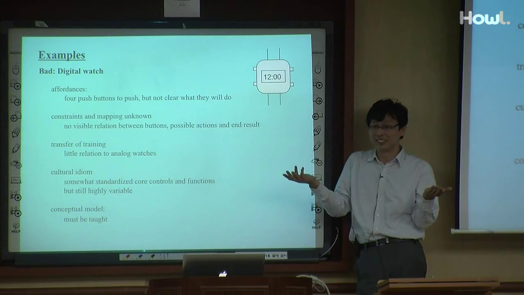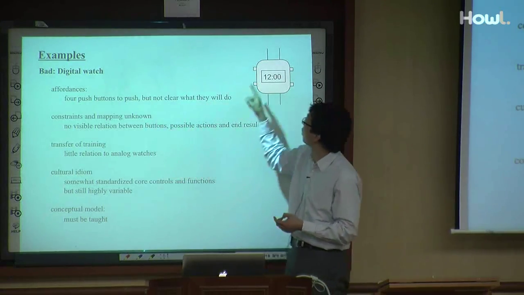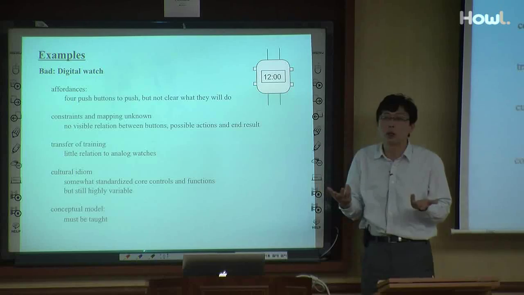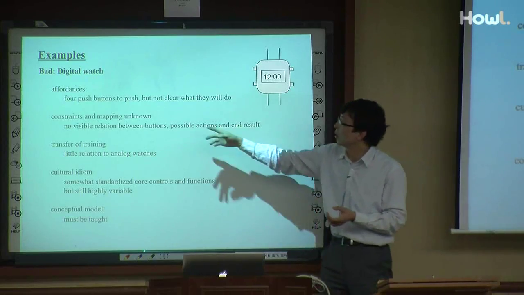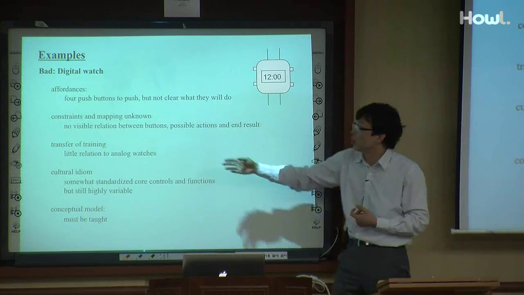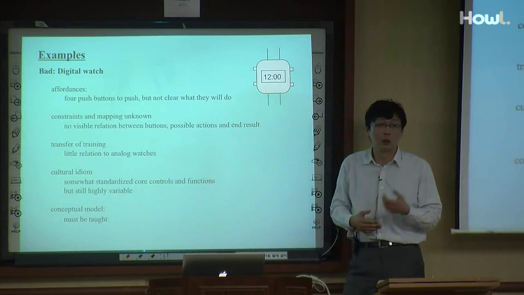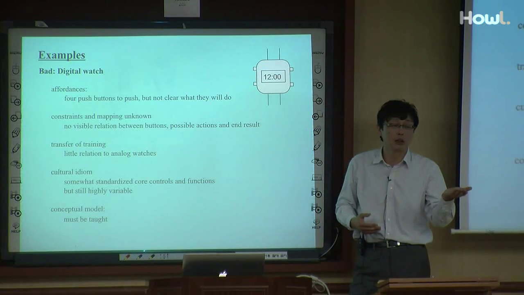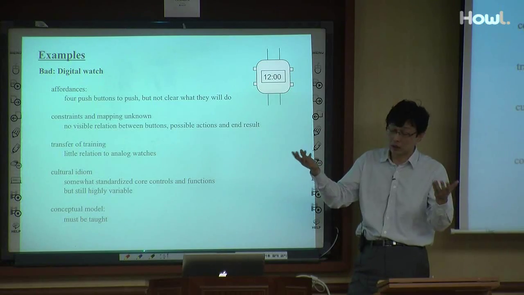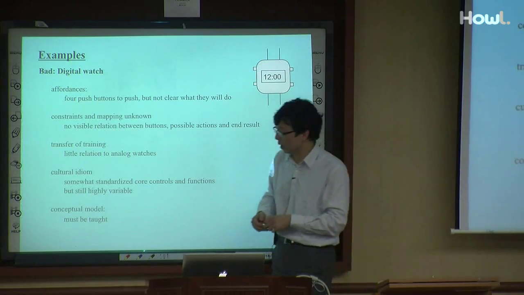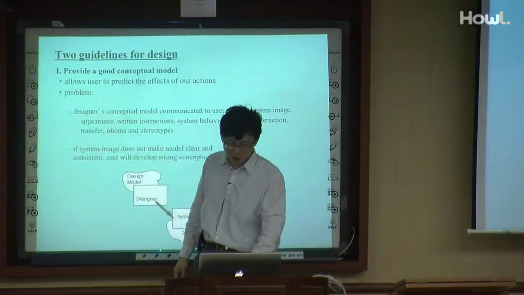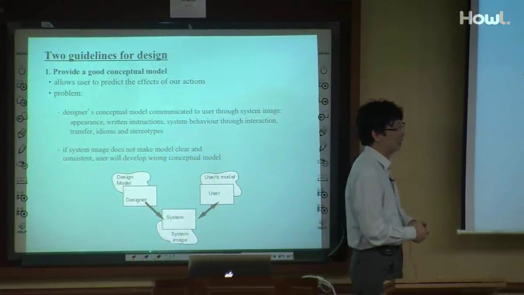Get it? Okay, so affordance, we have push and pull buttons, but we don't know what to do with them. Constraint mapping is unknown. So what about knowledge transfer? When you learn something from clock A, you can't apply it to the next clock; it doesn't work.